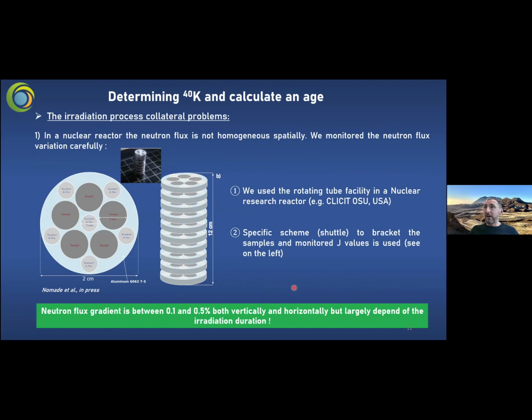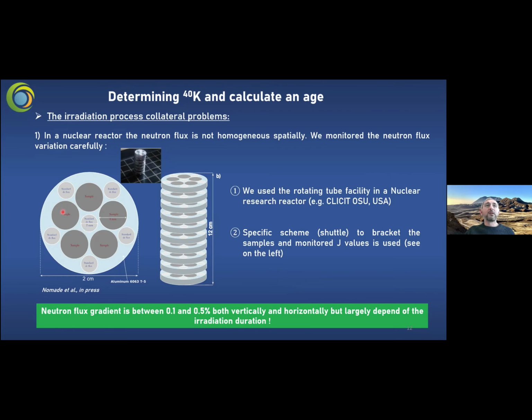Of course, as we irradiate samples, we cause problems for our measurements. First of all, in the nuclear reactor, the neutron flux is not homogeneous, especially. So we have to monitor these variations. So we use a specific design, like this one here. In each disk, we can put 5 or 6 samples, and around these samples, we have standards.